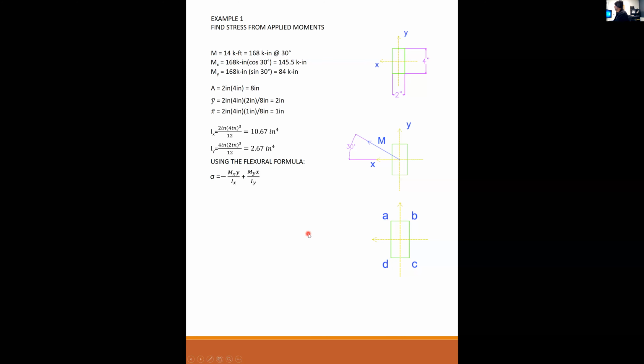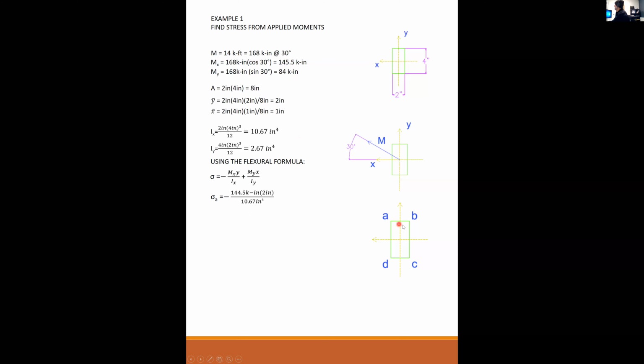As I said before, when we had moments only about the x-axis, then the stress at A is always equal to the stress at B, stress at D is always equal to the stress at C. But if I have moments about the x and y axis, that is no longer true. Okay, so I use my flexural formula. My moment about x is 145.5. That goes here. Here's my negative.